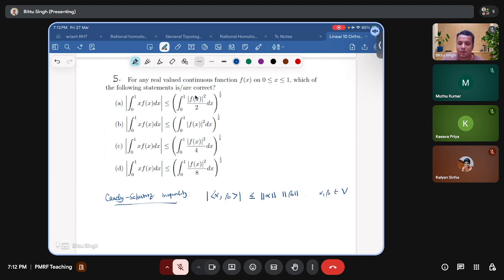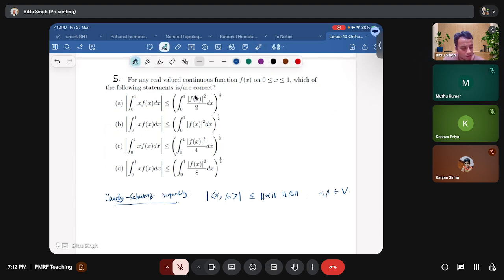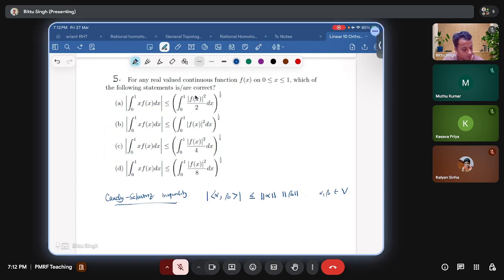Can you see an inner product from this kind of integration? Inner product x comma f of x. Exactly. Integration of, yes, exactly.